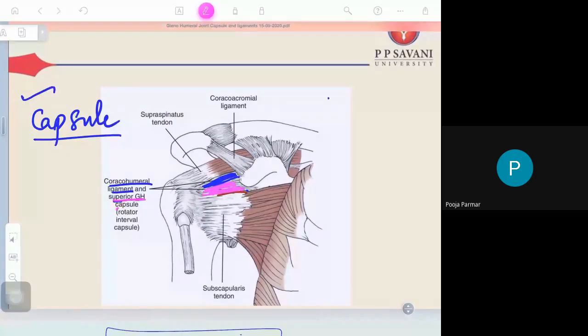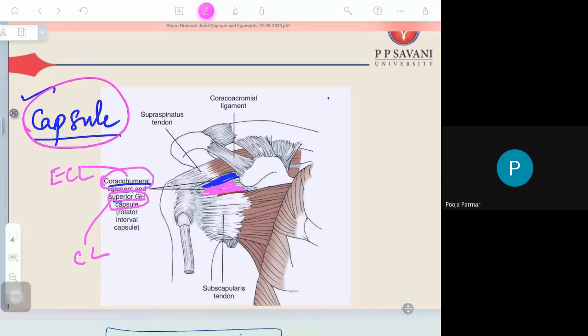Superior glenohumeral capsule. Clear? So one is capsular ligament and other is extracapsular ligament. And other than this, there is a capsule. So these 3 structures are present or bridging the rotator cuff interval and giving stability to this rotator cuff interval. Am I clear?